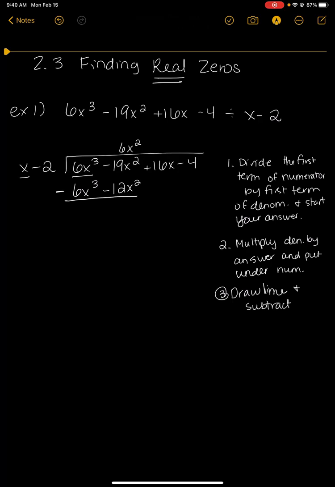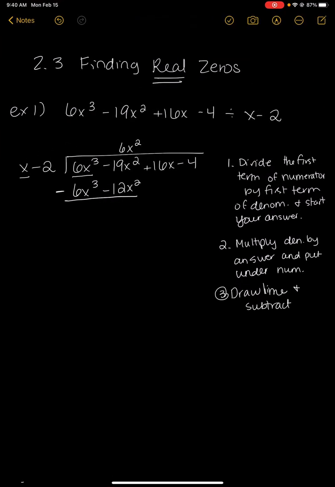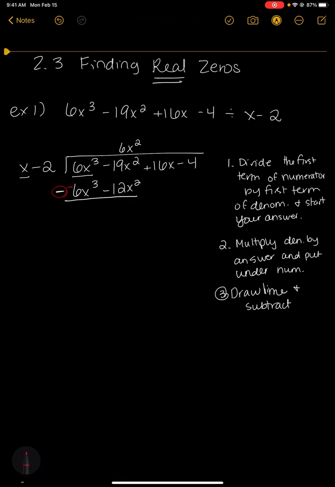When we subtract, this is where we can get really messed up, because sometimes we forget to distribute it to both terms. So it's the opposite sign for the positive 6x cubed, and it's the opposite sign for negative 12.